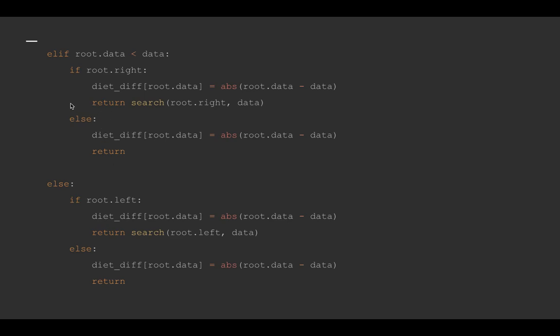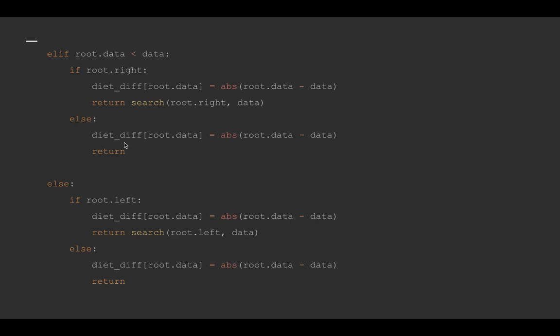Now this else part is because we are not able to find the element which we want to find, and it doesn't exist, and that means that is the leaf node.